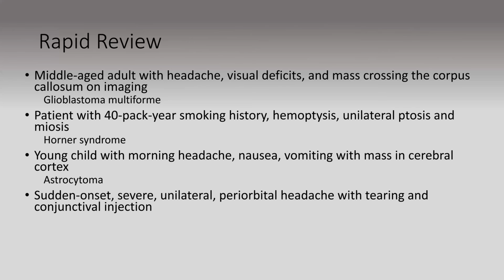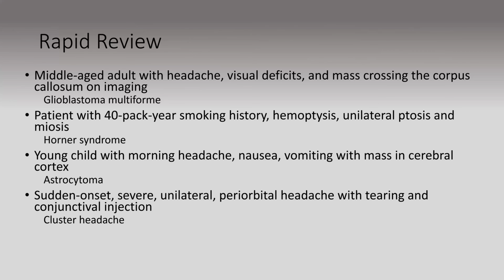Sudden onset, severe unilateral periorbital headache, tearing, and conjunctival injection. In a lot of ways, this may oftentimes look like Horner syndrome, but this is a cluster headache. The pathophysiology of cluster headaches likely involves sympathetics, much in the way that Horner syndrome does.